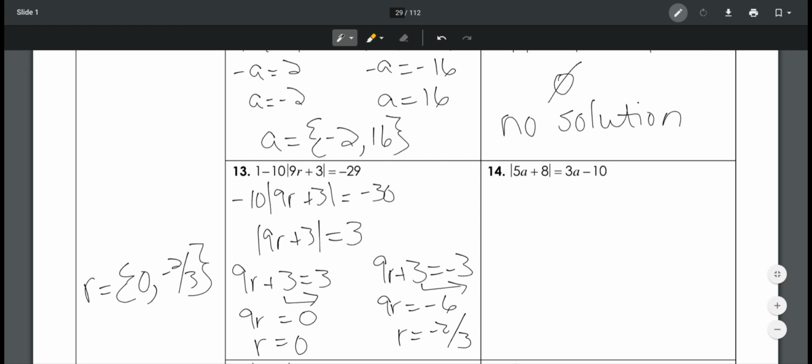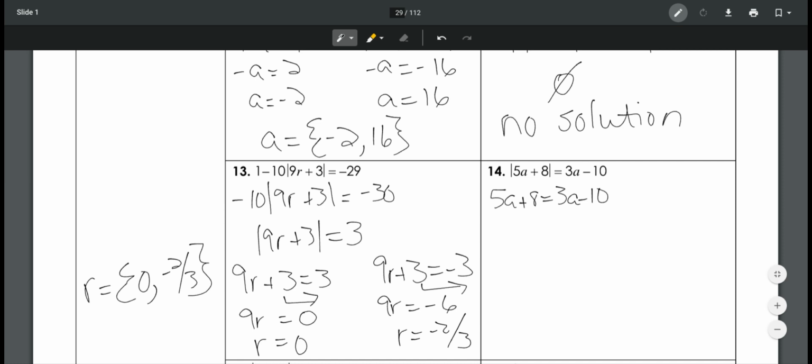Now notice in number 14, I don't have a number, just a number like -29 or something like that. So when I set up the problem, I go through my thoughts. My absolute value is isolated. When I go to set up the two cases, I'm going to drop the absolute value, and I'm going to keep the problem with all the signs as they were.